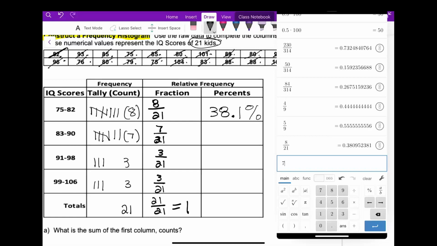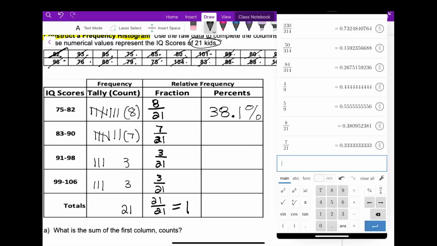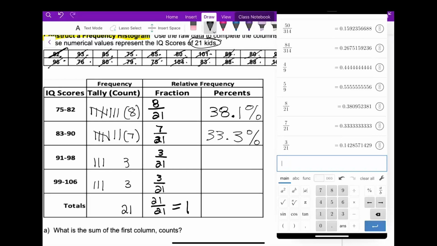Next one, 7 divided by 21. This is going to be repeating, so this is 33.3. I'm looking here. This is not 5 or greater, so it's going to stay as 3. 3 divided by 21. 14%, this is 28.